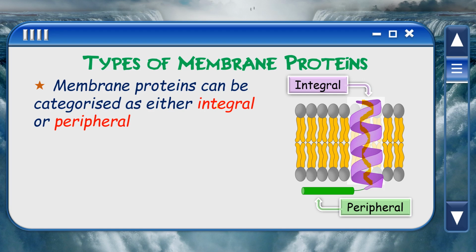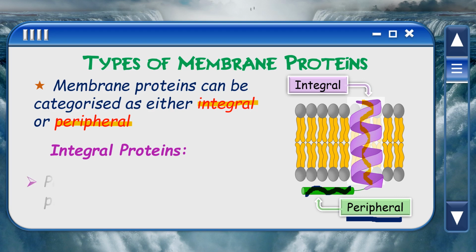And we have another protein which is outside the membrane, which we refer to as a peripheral protein.